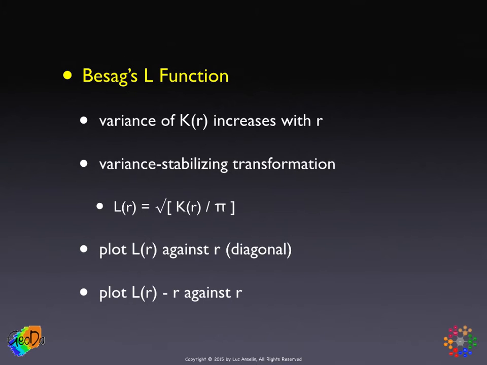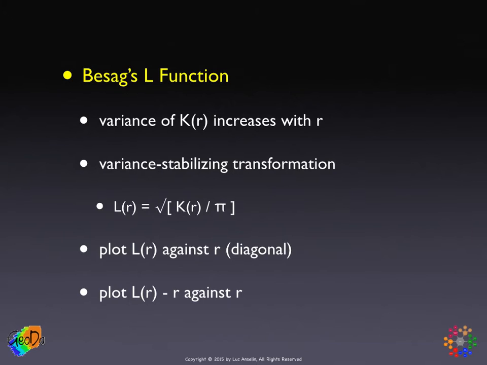The variance increases with the distance because within increasing distances, the circles are much larger, and therefore there's greater variability in the expected number of points you would find in those circles. And the variance stabilizing transformation is the square root of the K value divided by pi.